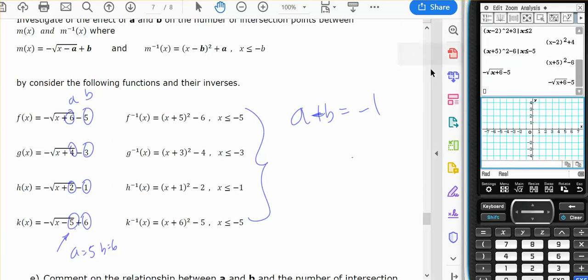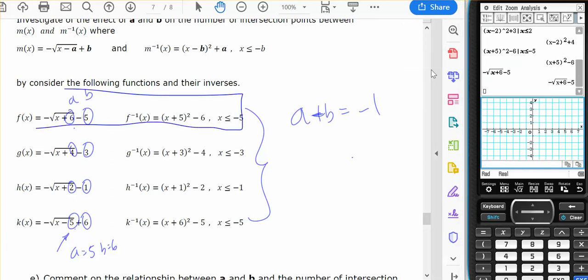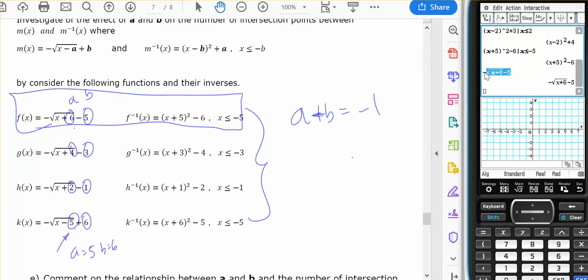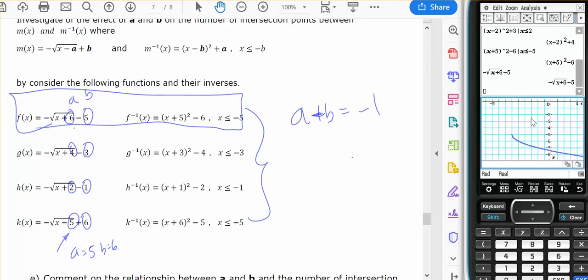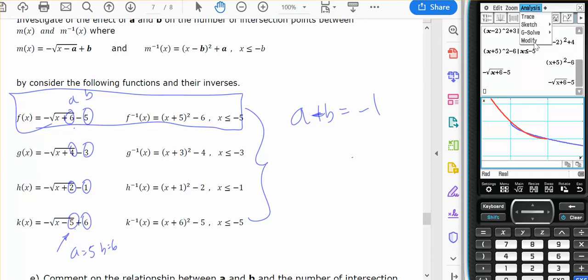so for all of these, I've done this example. And if I take my square root, there it is down there, and I take the parabola and zoom in on that intersection point, you will see that there are 3 intersection points.